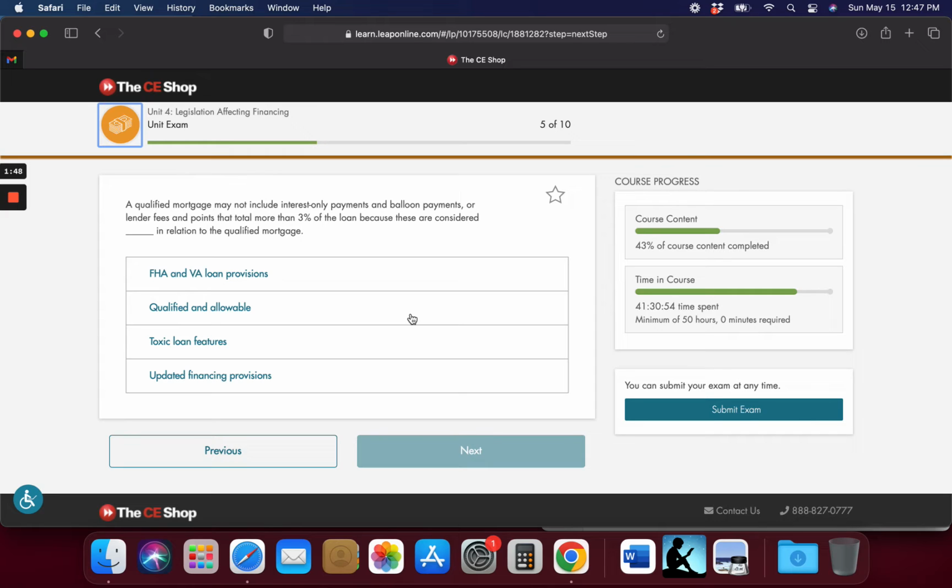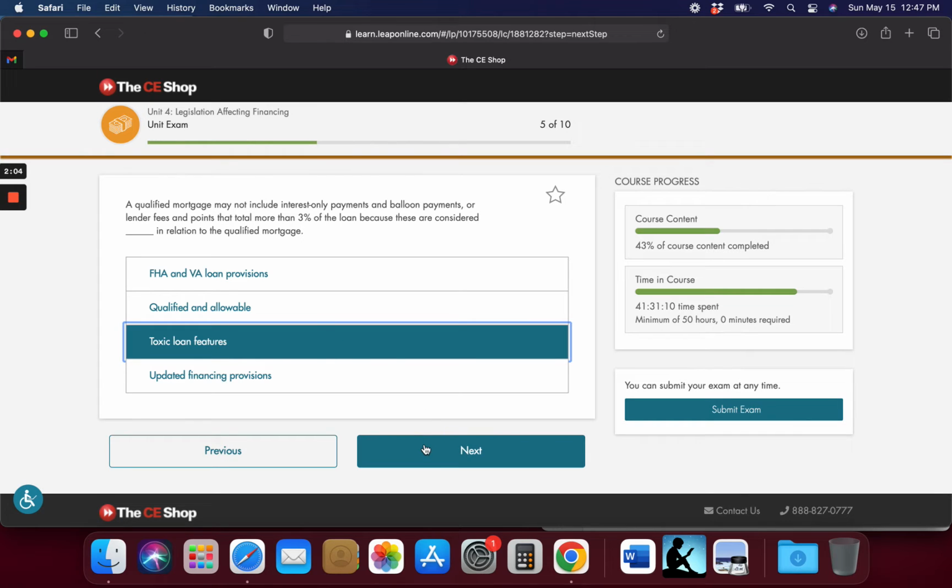Okay, let's see. A qualified mortgage may not include interest-only payments and balloon payments, or lender fees and points that total more than 3% of the loan. Those are considered toxic loan features.